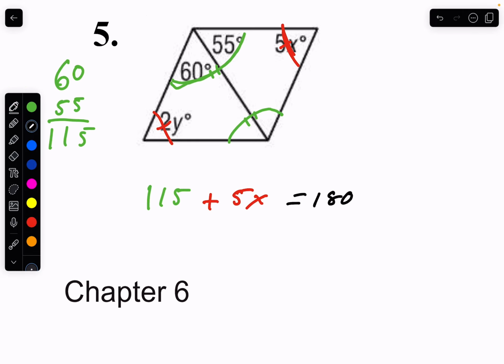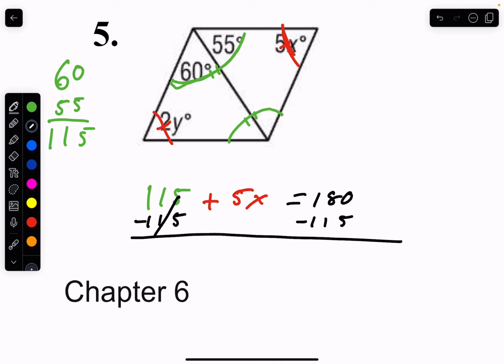So now we're going to do a little bit of algebra. We're going to subtract 115. We're going to subtract 115. Of course, that cancels out. You have your 5x equals, so 10 minus 5 is going to be 5.